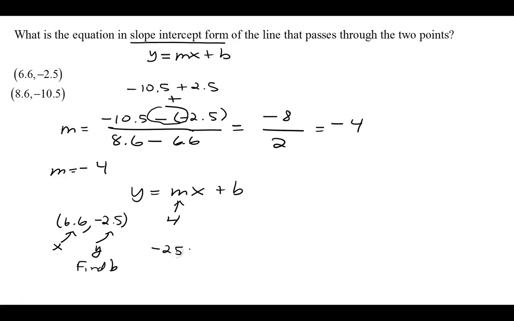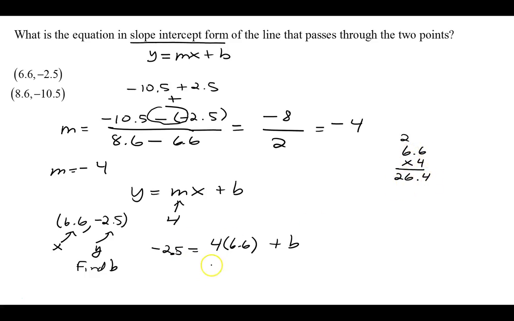Negative 2.5 equals negative 4 times 6.6 plus the b. Okay. Don't have a calculator on me. Go old school. 6.6 times 4 is 26.4.